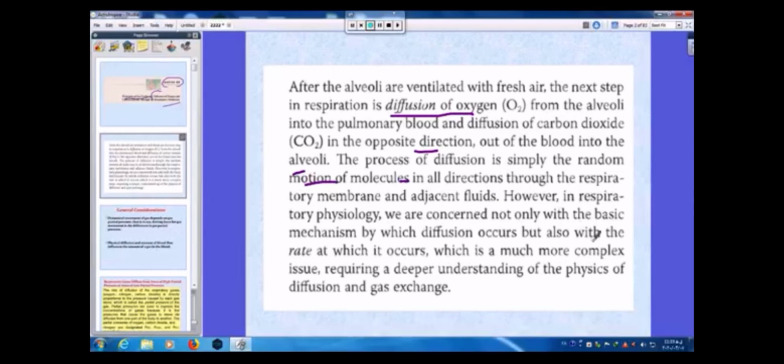However, in respiratory physiology, we are concerned not only with the basic mechanism by which diffusion occurs, but also with the rate at which it occurs, which is a much more complex issue, requiring a deeper understanding of the physics of diffusion and gas exchange.